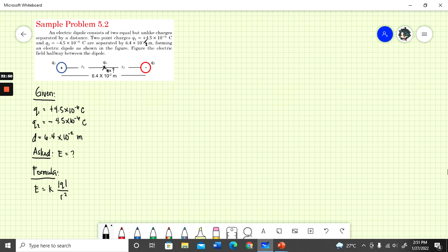Let's stick to this formula first, and later we have to use another formula, this formula right here. I'm going to explain why later, but we're going to use it later for finding the direction.